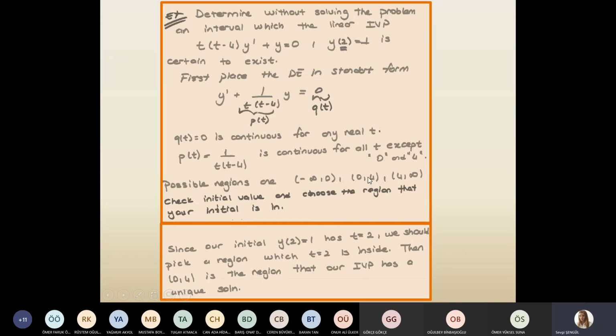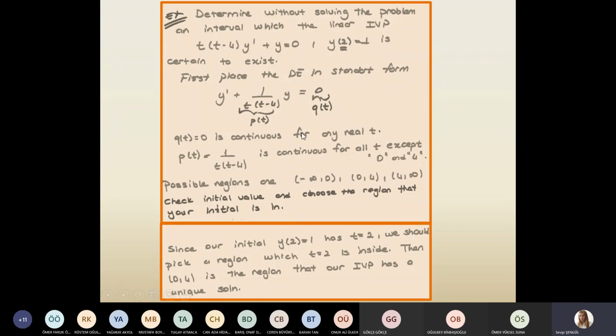No, it's not in here. 2 is in here, yes. So, this initial value problem has a unique solution in the region 0 to 4. You cannot be sure about the others, but for 0 to 4, since these functions are continuous, you can guarantee that there is a unique solution to this initial value problem. Okay?